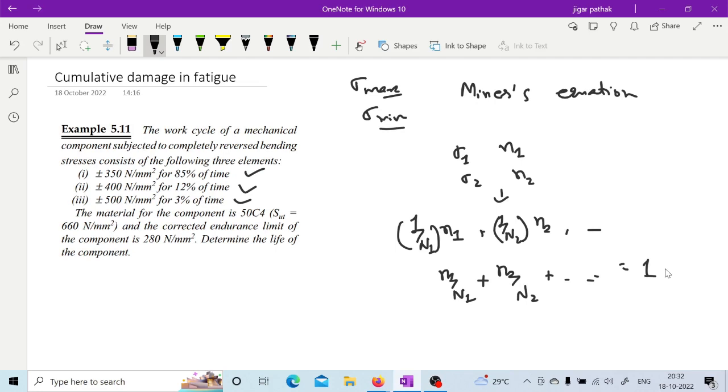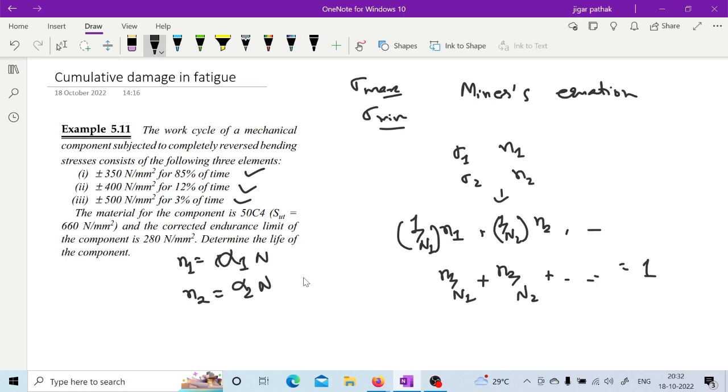If you consider alpha 1, alpha 2 as the proportion of the total life, then N1 and N2 are the lives for these different stresses. So n1 is alpha 1 proportion of full life, and n2 is alpha 2 proportion of full life.